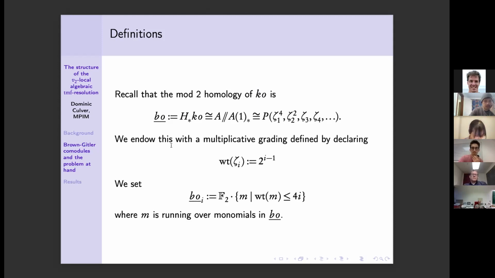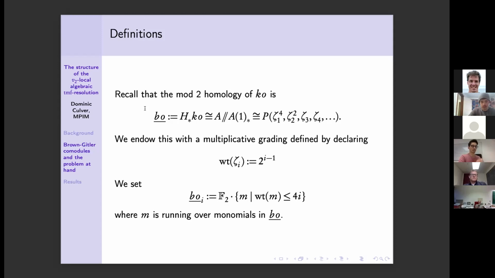There's an important filtration that exists on this thing. It's called the Mahowald filtration or the Mahowald weight. Basically you can write down a weight function which assigns to every monomial a weight.